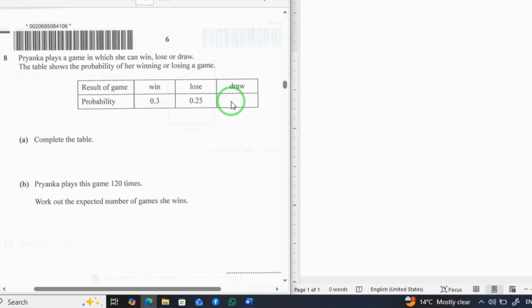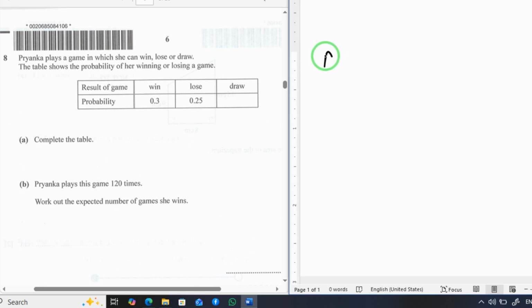The total of all probabilities is 1. Here we write the probability of draw equal to 1 minus 0.3 minus 0.25. It means in this game Priyanka maybe wins 0.3 or loses 0.25, and maybe equal or draw.